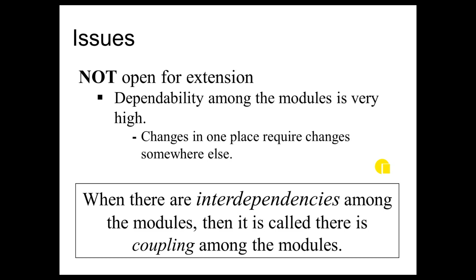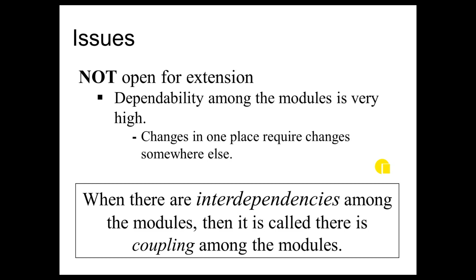Now again I am saying, especially what we saw in the implementation, that if we do any change in one place, it requires changes somewhere else, right? So I am telling the story again.